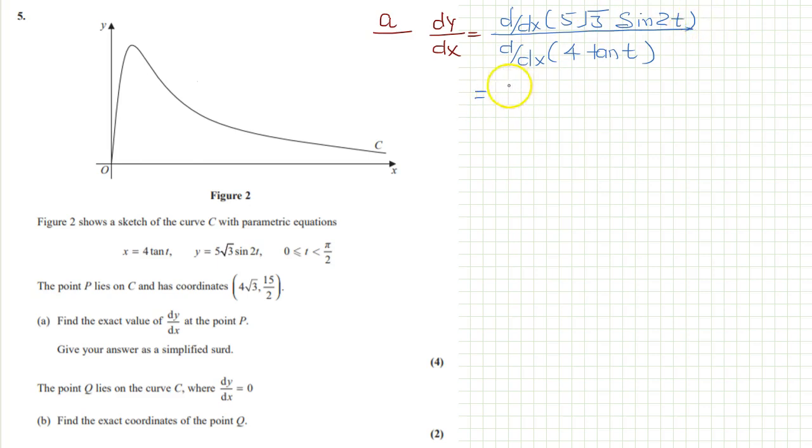So this will be 5 root 3 times the derivative of sin 2t, which is cos 2t and 2t is 2, over 4 tan t, which is 4 sec square t.